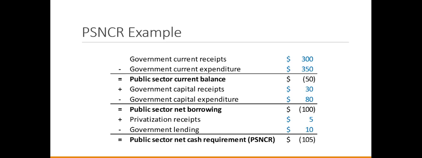We spend $80 in capital expenditure projects, bridges, schools, water infrastructure, etc. And now we're at the net borrowing number of $100. In addition, we have a privatization transaction or transactions that bring in $5, with loans to other entities, an outflow of $10. And our final result, the public sector net cash requirement, is a borrowing need of $105 for the period.